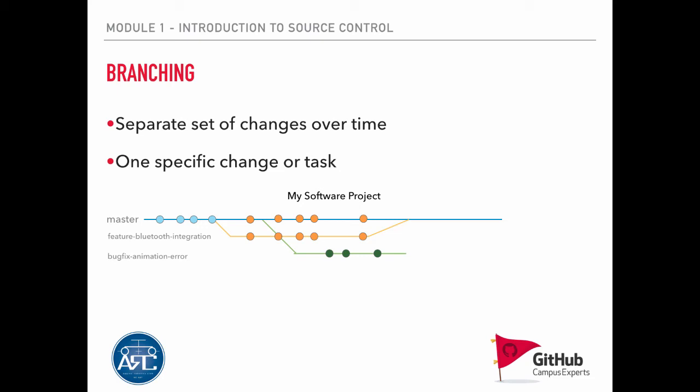So we can simply merge master into our bug fix branch, and we can get a green branch that has all of those changes. Now we can make sure that our changes work with the most recent version of the code. That's really important, because if you're not checking against the most recent version, it's possible that when you merge, you could be introducing bugs that you didn't otherwise see.